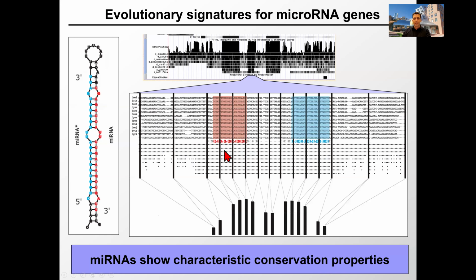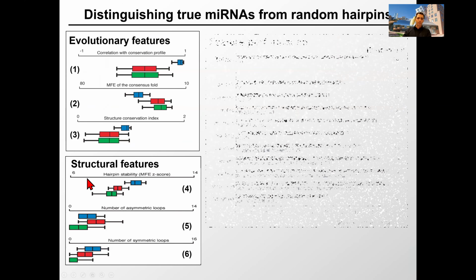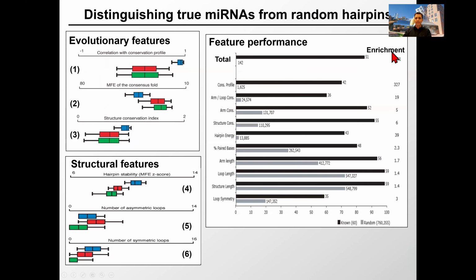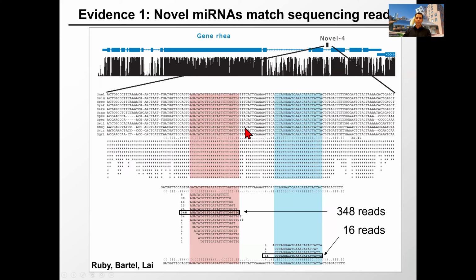And what you see is that they show a very characteristic pattern of conservation, which is very strong conservation for the two arms, but very little conservation for the hairpin and for the flanking regions. And you can use this conservation profile along with additional structural features and other features to basically get this 5,000-fold enrichment for real microRNAs, okay?